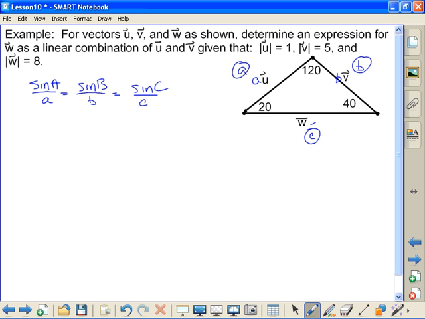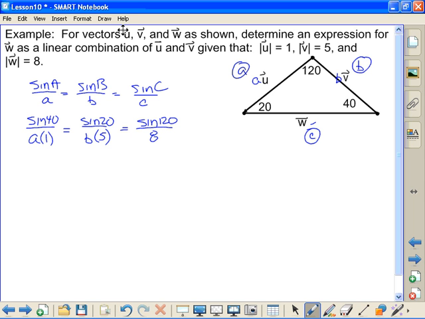So sine A, so we would have sine of 40 over A, magnitude of u, which is 1. I'll put 1 in there. Sine B, so we'd have sine of 20 over B multiplied by the magnitude of v, which is 5, and sine of 120, magnitude of the w vector is 8.